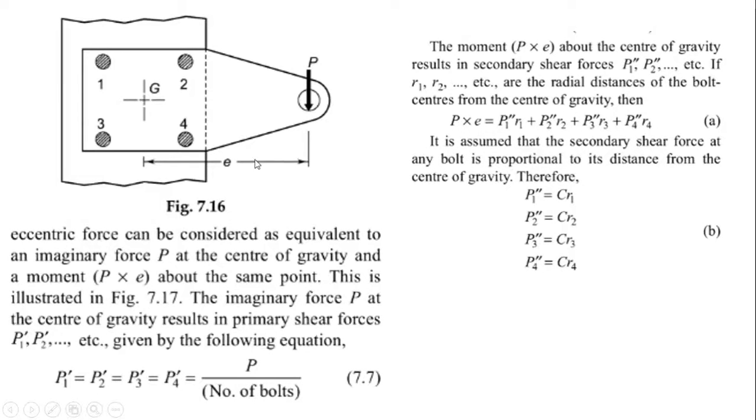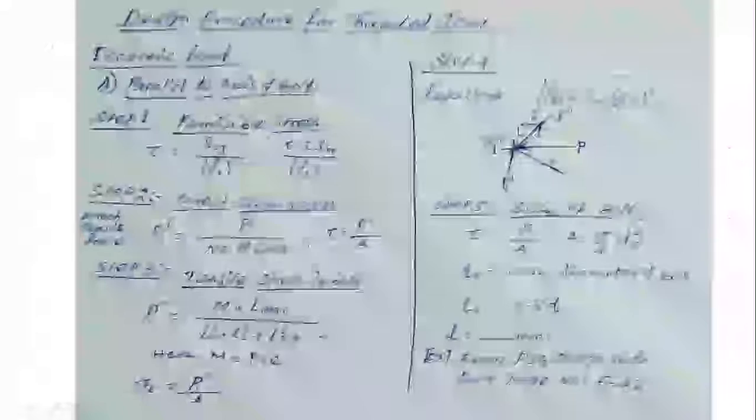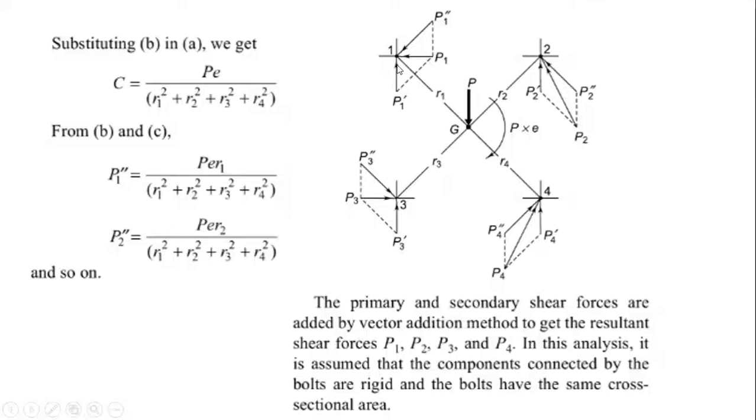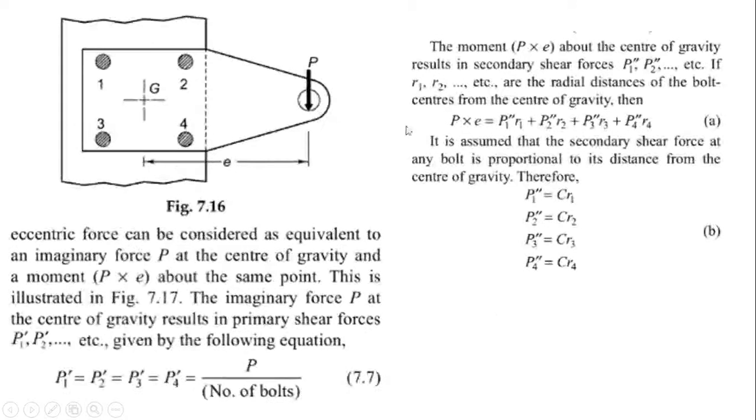Then P into e: because of this moment we get the secondary shear force, P1 double dash, at bolt 1, bolt 2, bolt 3 and bolt 4. The secondary shear force is load into distance, where e is the distance from the center of gravity point.